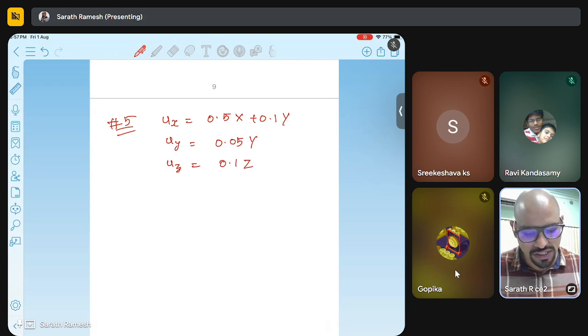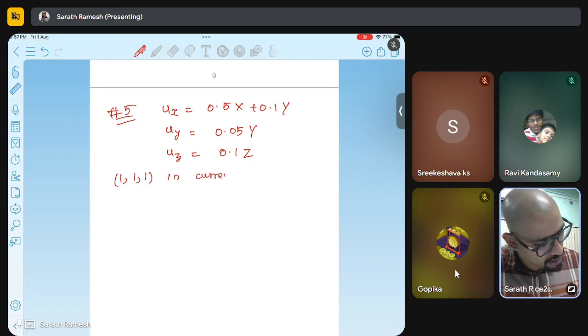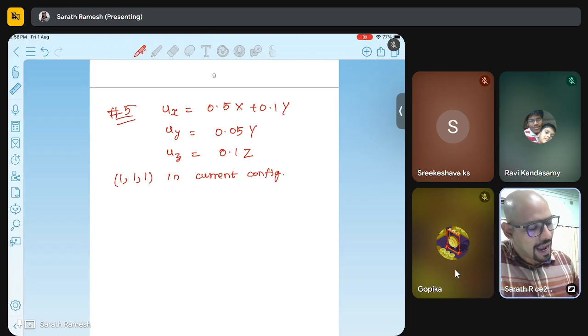We need to find the same thing. I have just changed the displacement field, same point, but this time let's solve for 1, 1, 1 in the current configuration. We need to find the position of the particle at 1, 1, 1 in the current configuration.